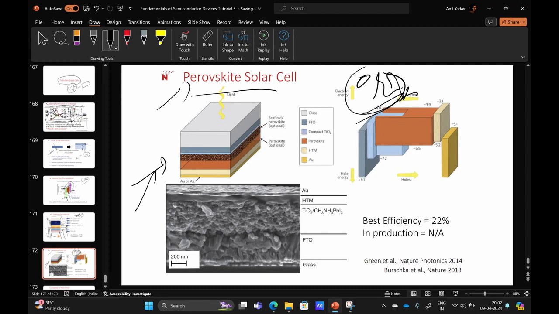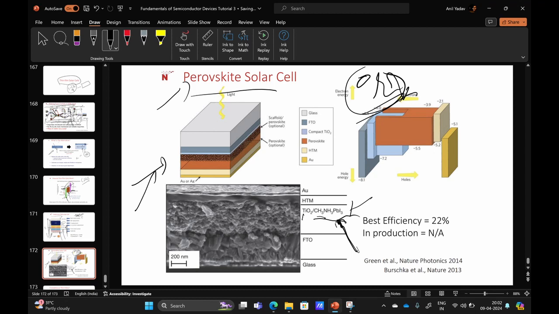This layer is the TiO2 and CH3NH3PbI3, methyl ammonium lead iodide, which is a perovskite. This material is the absorber layer, and its absorption coefficient is very high.